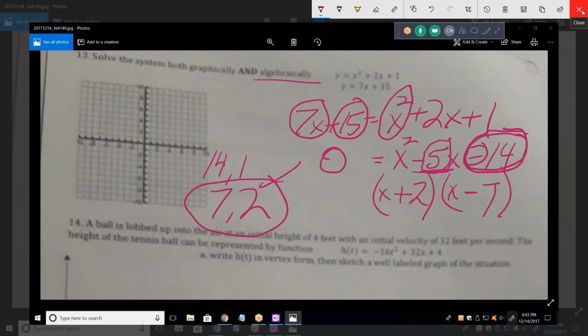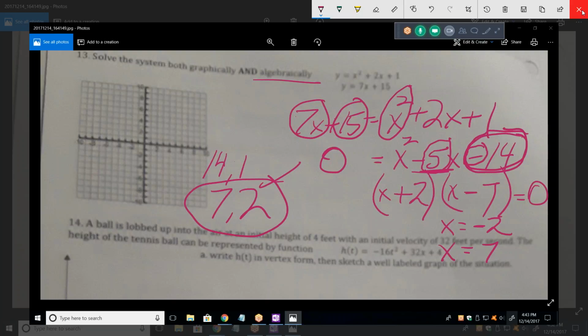Okay. Now, since that's all equal to 0, what is my solution? x minus 2 and x plus 7. Okay, let's write it like this, because we have to figure out what y is also for each of these x's.